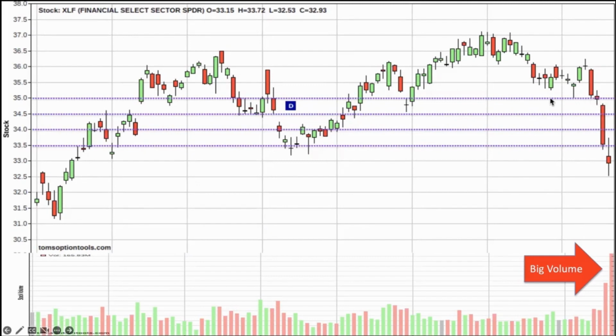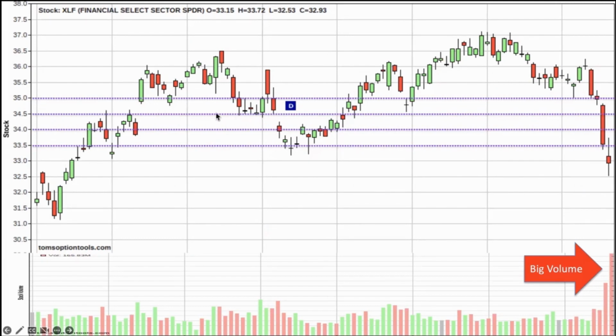Now resistance, support, resistance, resistance, support, resistance. Right here, this is a very key level at 35. And all of these are key levels. Here's another one at 34.50. I'm really just drawing lines at every 50 cents. And coincidentally, in quotation marks, you'll see that there's bounces off of these levels.